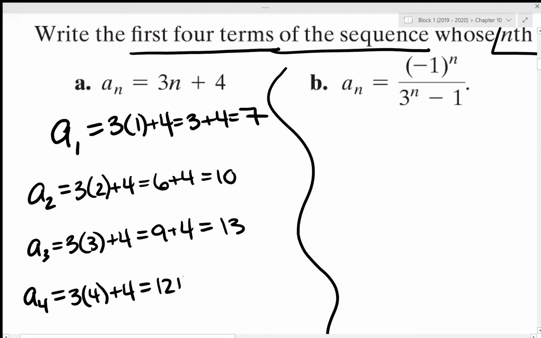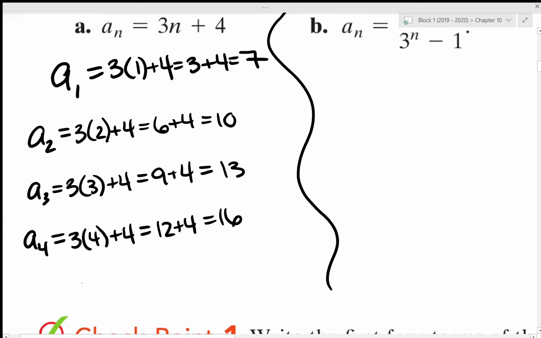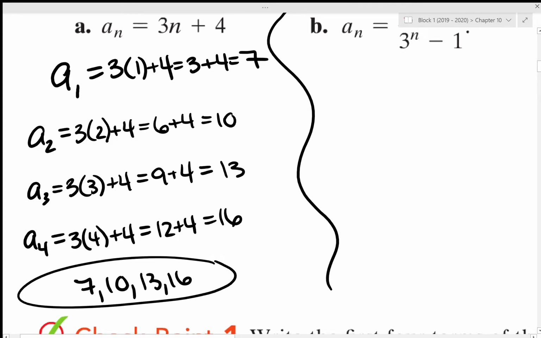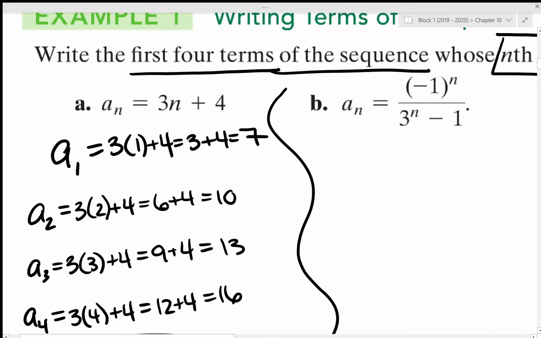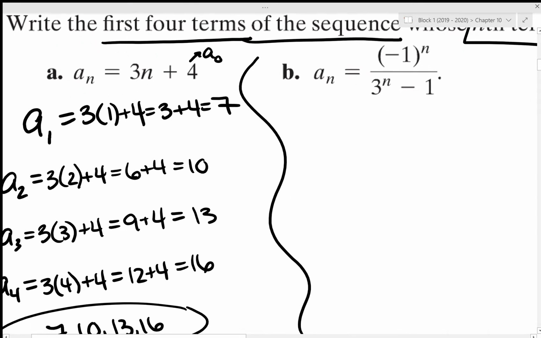So 12 plus 4 is 16. So my first 4 terms are 7, 10, 13, and 16. If you just look at the numbers, you see the pattern is plus 3, plus 3, plus 3. That's why it's times 3. Now, the plus 4 would have been the 0 term, but we don't have a 0 term in this case. It just helps us figure out the pattern.